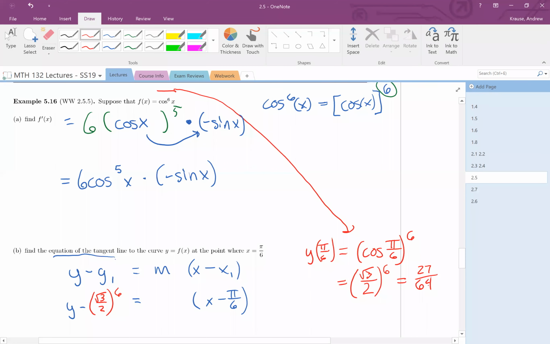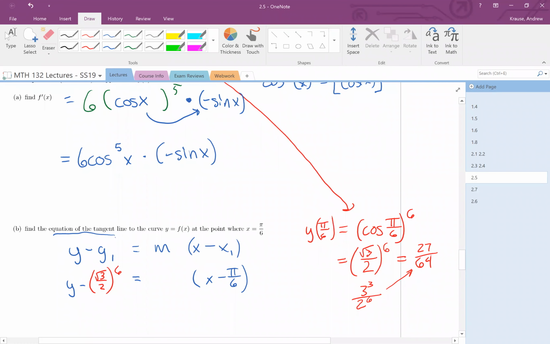And that's because the top ends up being 3 cubed and the bottom ends up being 2 to the 6th. It ends up being 3 cubed because the 6 in that square root is a 1/2 power, and 6 times 1/2 is 3. So we get 3 cubed and 2 to the 6th by using some of our exponent rules. I don't really care about getting that simplified.